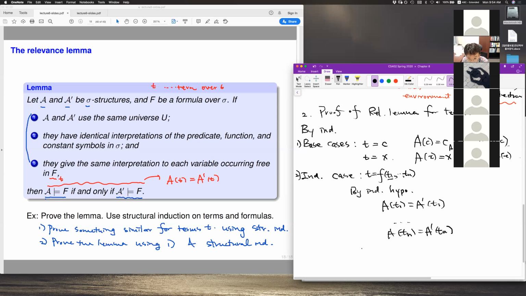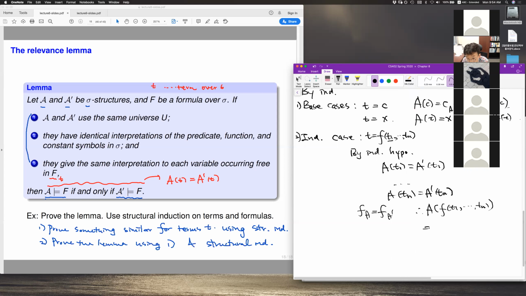And then one thing that we know is A and A prime assign the same meaning to the function symbol. Thus the semantics of the term f(T1, ..., Tn) is the same as f of A applied to A of T1 through A of Tn.